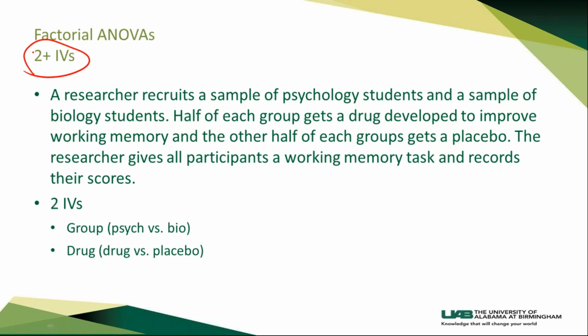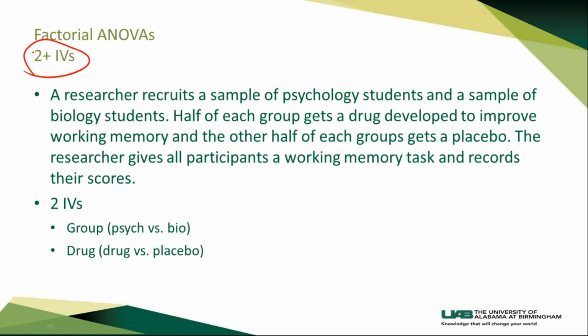But here's an example of a word problem that would indicate a factorial ANOVA. So let's say there's a researcher who recruits a sample of students, a sample of psychology students, and a sample of biology students. So there's two groups. Now half of each group gets a drug that's aimed to improve working memory. The other half gets a placebo. So the researcher gives all the participants some sort of task and then records their scores on the task.